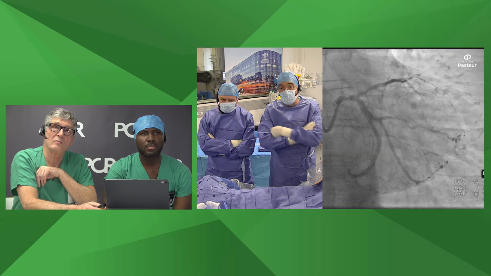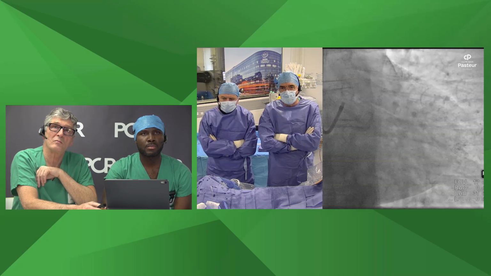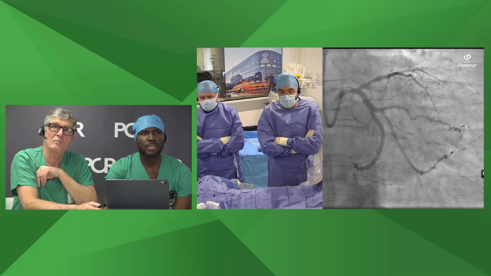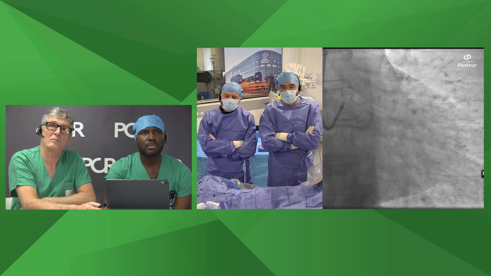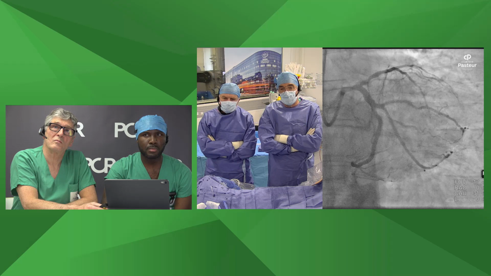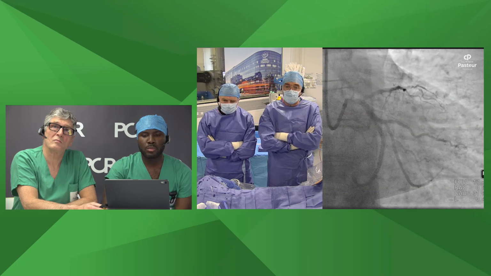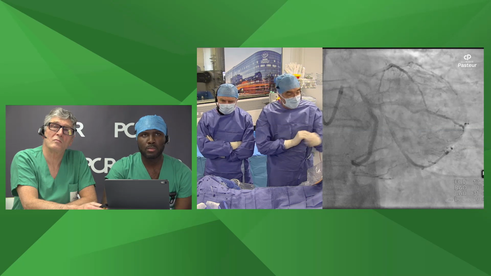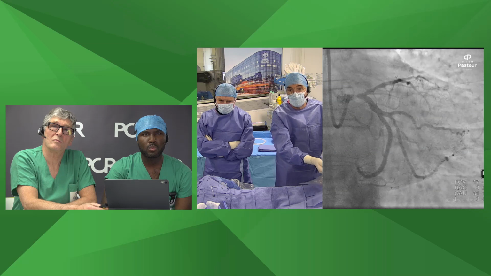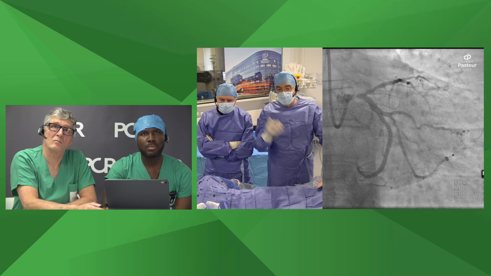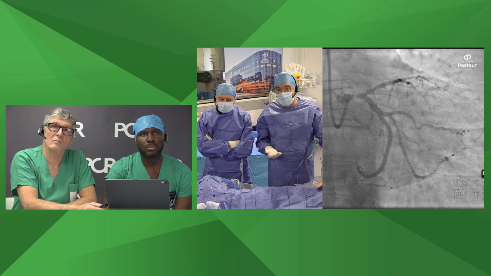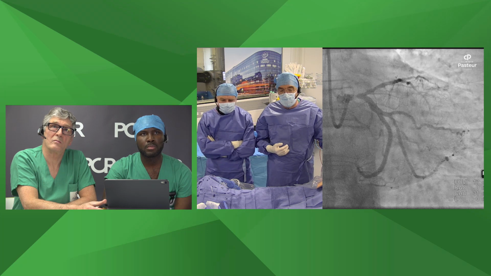But typically, you could see here this really particular anatomy with a large artery, the circumflex artery. And here you could see that the diameter of the proximal circumflex is larger than the diameter of the left main, which is not, of course, true.